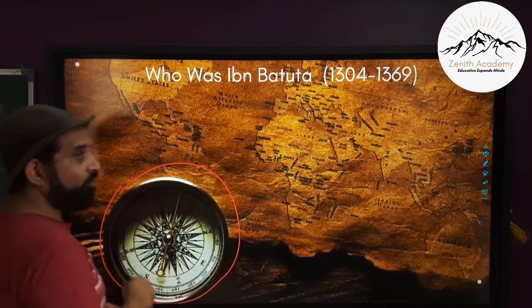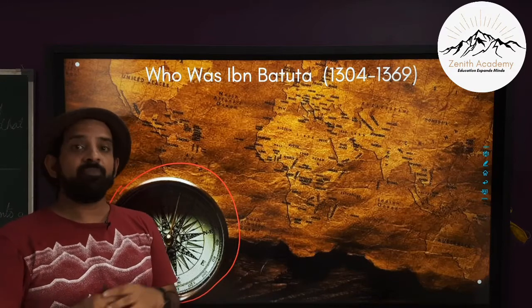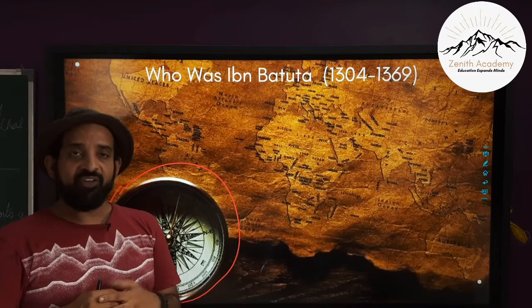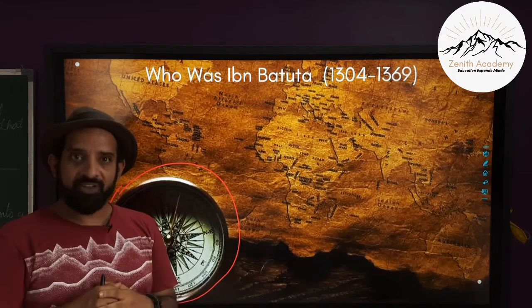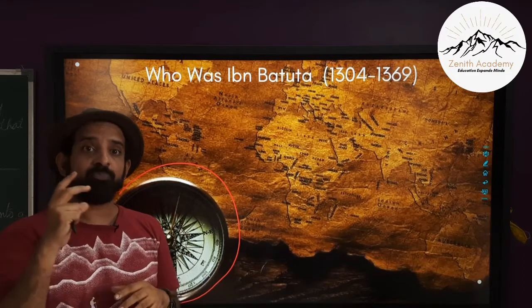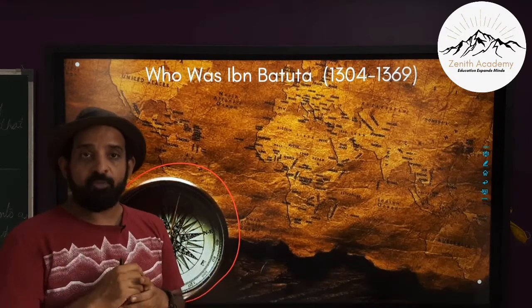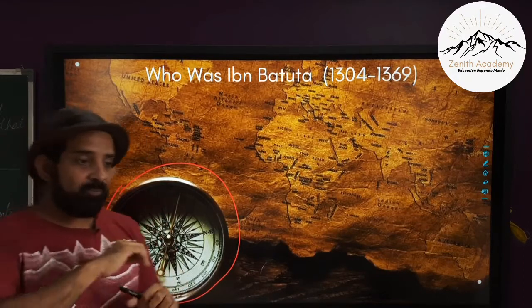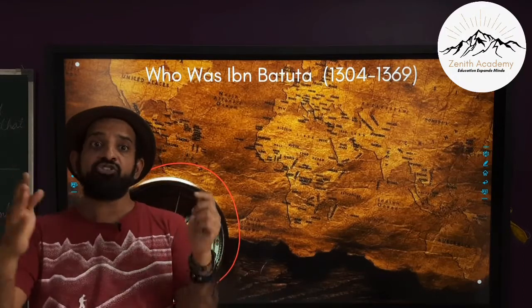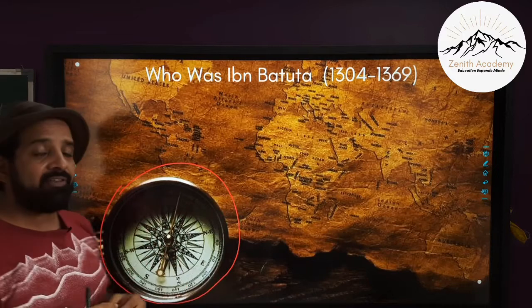Okay, this was primarily used in the 14th, 15th, 16th century when there was no technology available. Mostly used by people who used to go on ships, because in those times there were no aeroplanes. People used to move from one country to another country in ships. Okay, so compass is a very important tool.